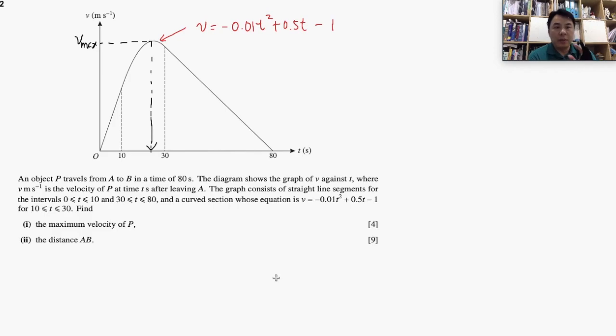Later on, after I've done this, I'll show you another approach that we can use. So using the completing the square method, I'm going to write down at the side how we are going to complete the square. We're going to start from here. Firstly, I would take out negative 0.01 and factorize this.